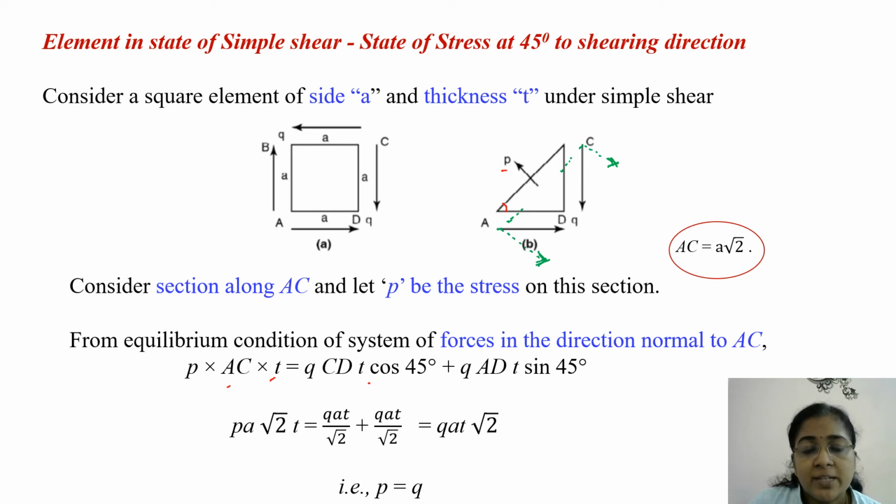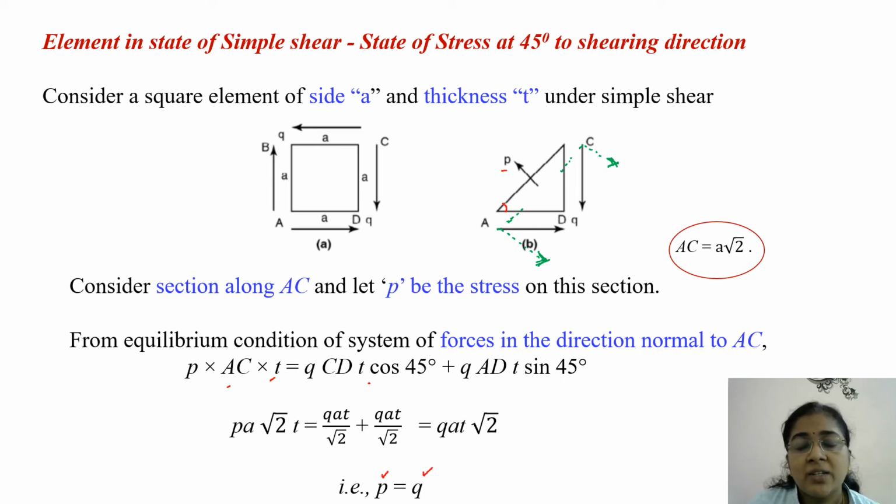Then we can substitute for AC as A root 2, and we know that cos 45 is 1 by root 2 and sin 45 is also 1 by root 2. So P A root 2 T is equal to Q A T root 2, or P is equal to Q.